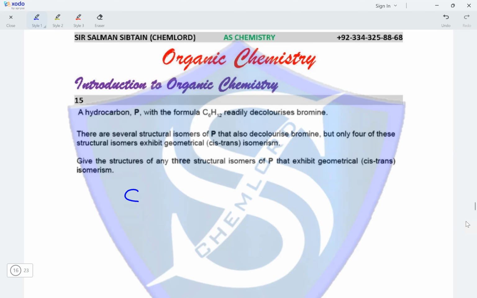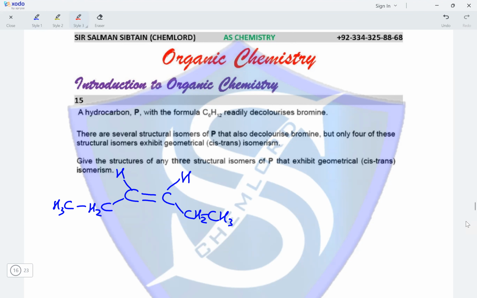So let's start with C double bond C, each having a hydrogen atom on it. We have six carbon atoms in total. So we can have a CH2 and a CH3 group on the left and a CH2 and a CH3 group on the right. So this is one of the isomers that can show cis-trans isomerism.